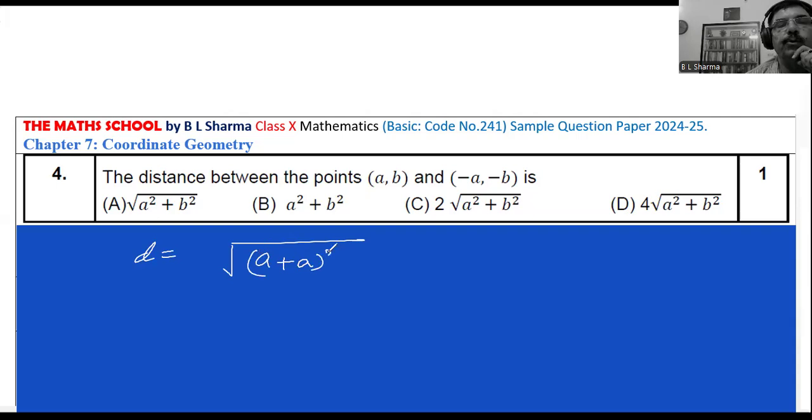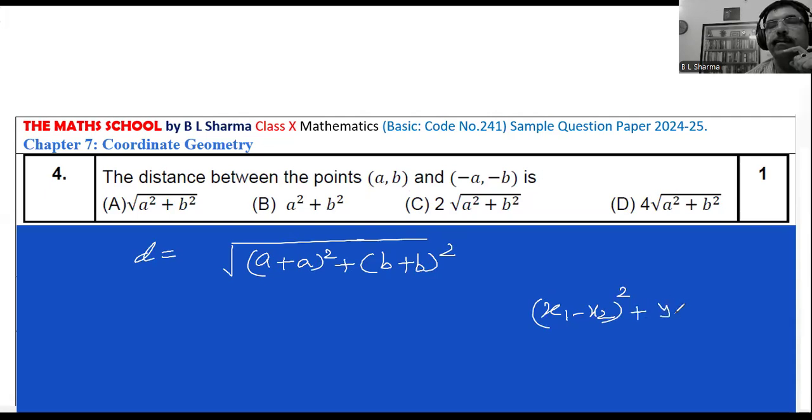We know the distance is given by the square root of (x2 minus x1) whole square plus (y1 minus y2) whole square.